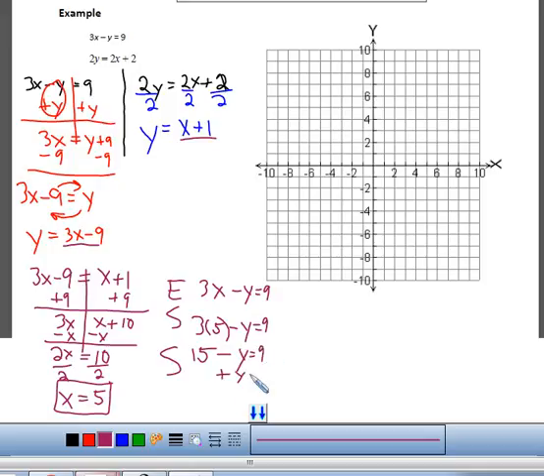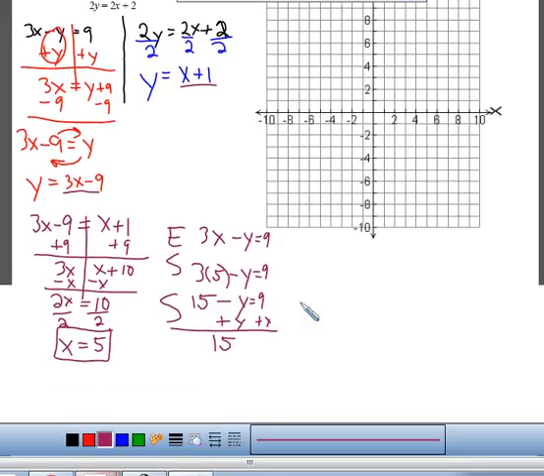Might as well add y to both sides. 15 equals 9 plus y. Subtract 9. And 6 equals y. Or y equals 6, either way.